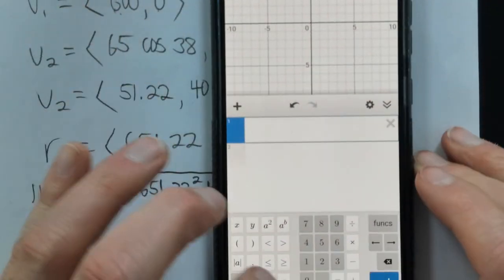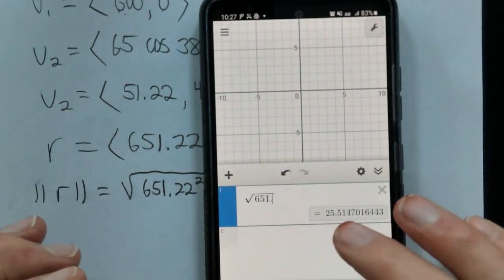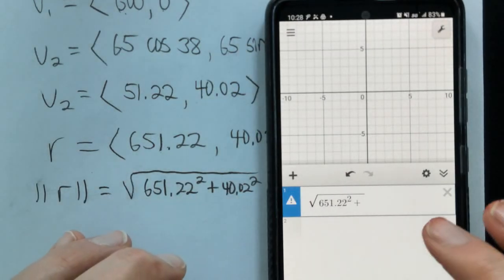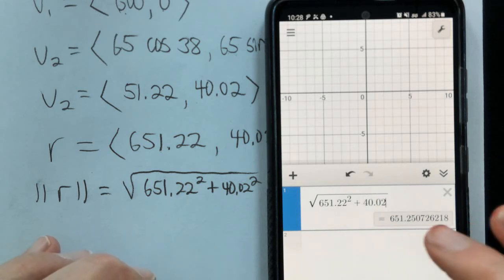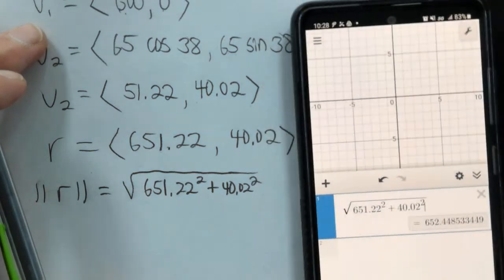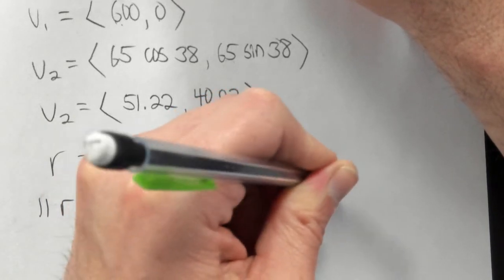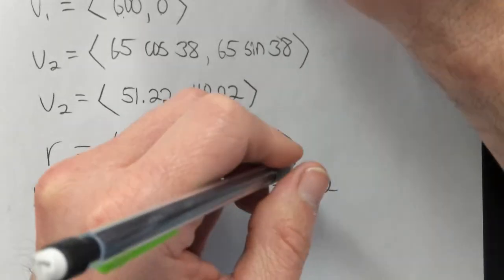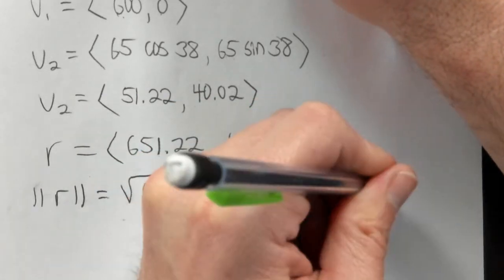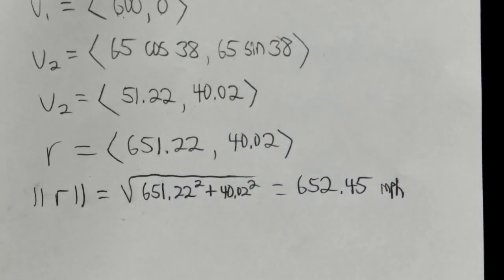So we'll go square root of 651.22 squared plus 40.02 squared, and then we get our resultant magnitude, which is 652.45. Okay. Miles per hour. So that is the speed of the airplane's flight.